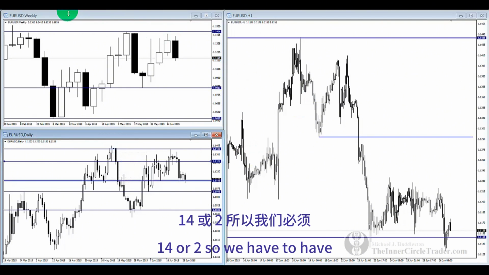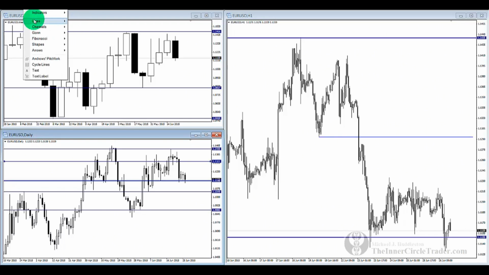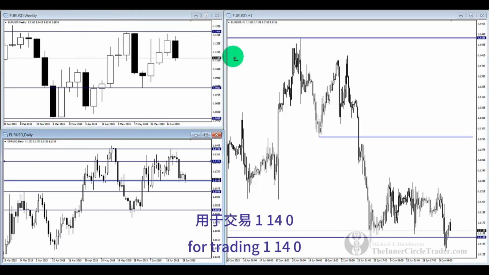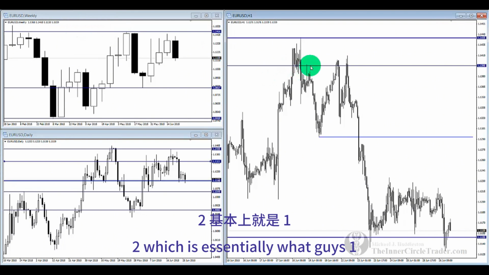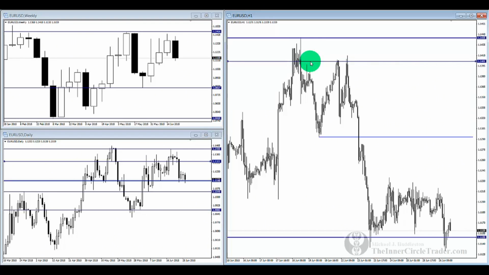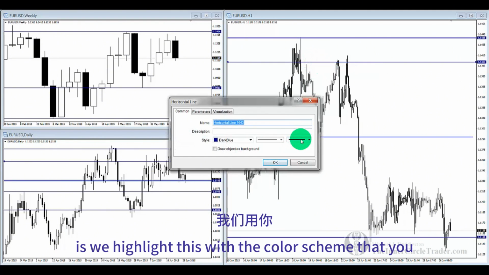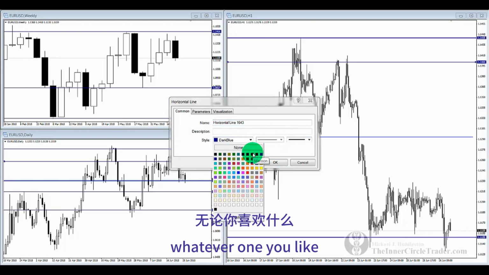So for trading, 114.02 is essentially what, guys? 114 big figure. Right there. What we'll do is we highlight this with a color scheme, whichever one you like.